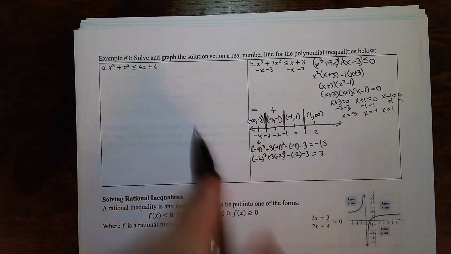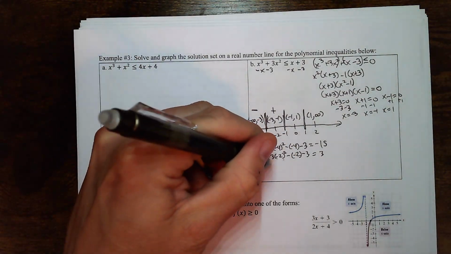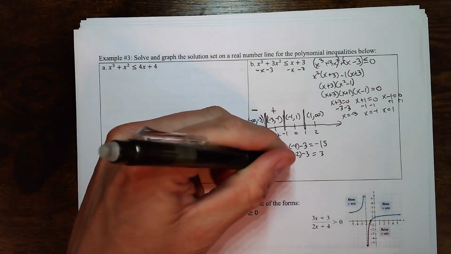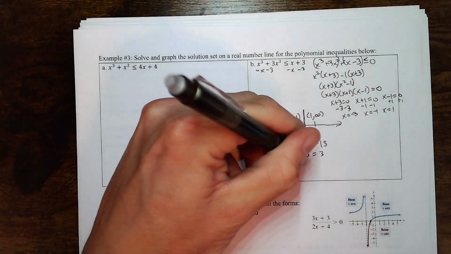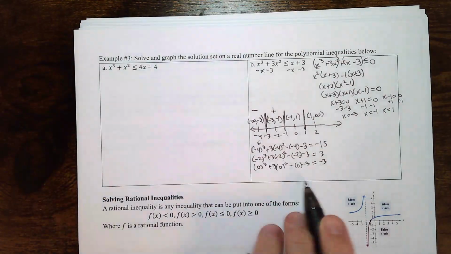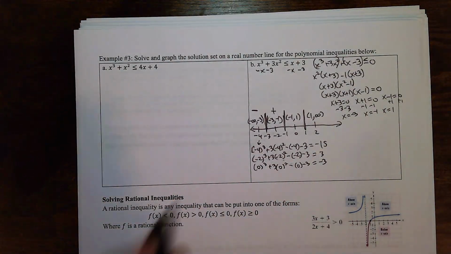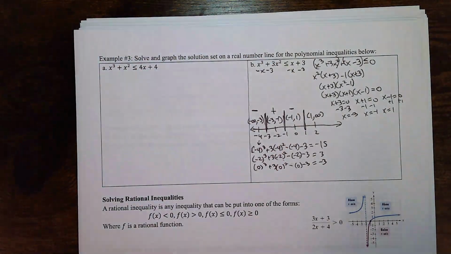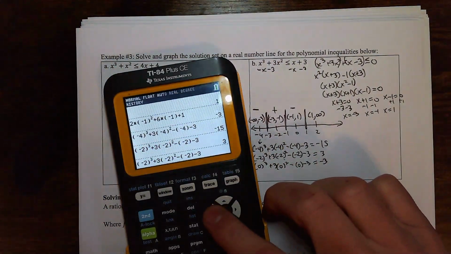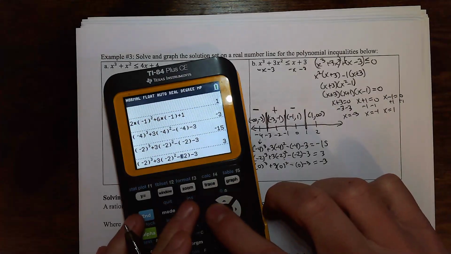Next one I'll use 0. That worked out nicely. 0 cubed, 0, plus 3 times 0 squared, that's 0, minus 0, minus 3. Well, that's going to be negative because all that cancels. You're just left with negative 3, so that's negative. Now let's plug in 2.